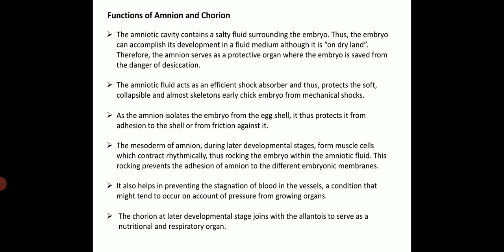This rocking prevents the adhesion of the amnion to the different embryonic membranes. It also helps in preventing the stagnation of blood in the vessels, a condition that might tend to occur on account of pressure from growing organs. The chorion at the latest developmental stage joins with the allantois to serve as a nutritional and respiratory organ.